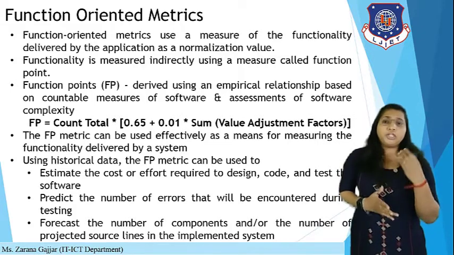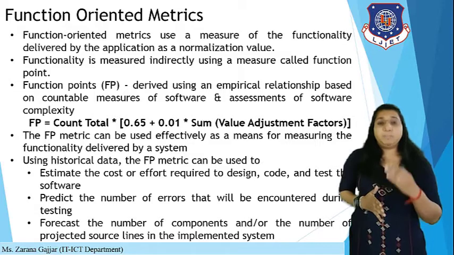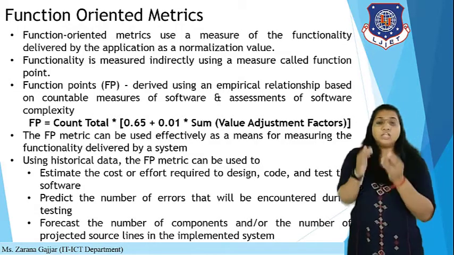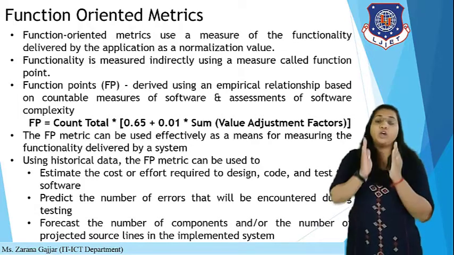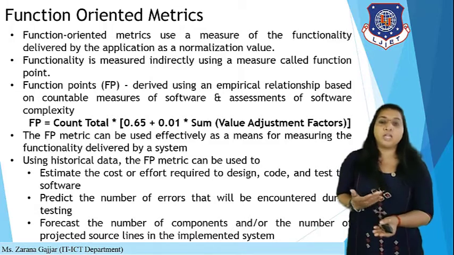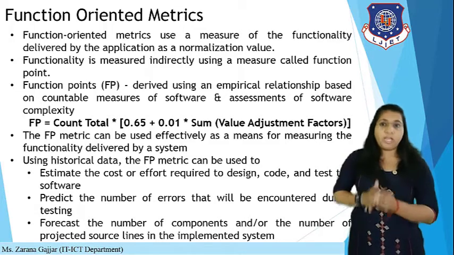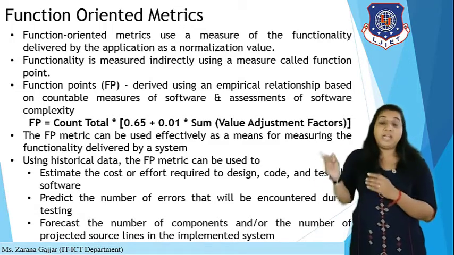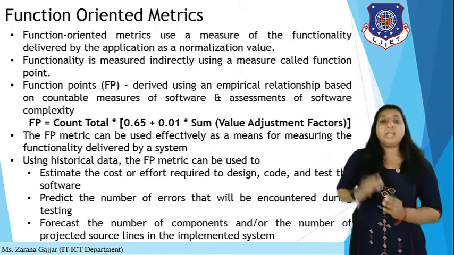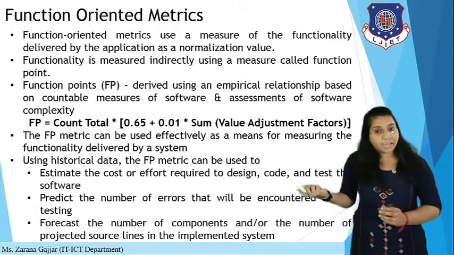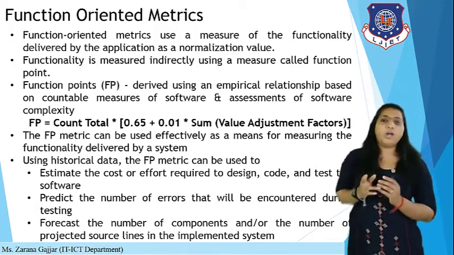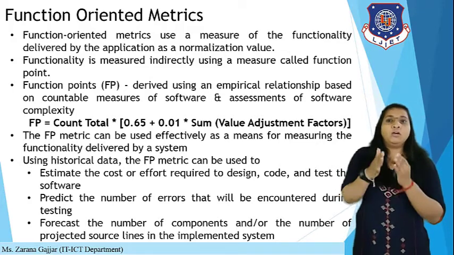The function oriented model is based on the functionality of the delivered application, that is, the functionality in your particular software that you are calculating using the function oriented metric.